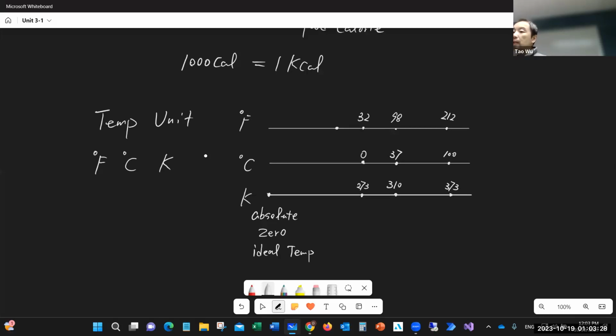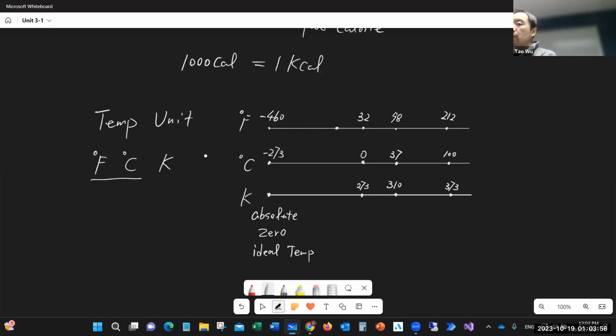So this is absolute zero. For Celsius, it's negative 273 Celsius. For Fahrenheit, it's negative 460 Fahrenheit. Very, very cold. So this is the relationship between Fahrenheit, Celsius, and Kelvin.